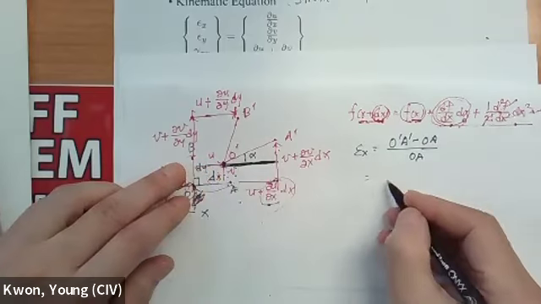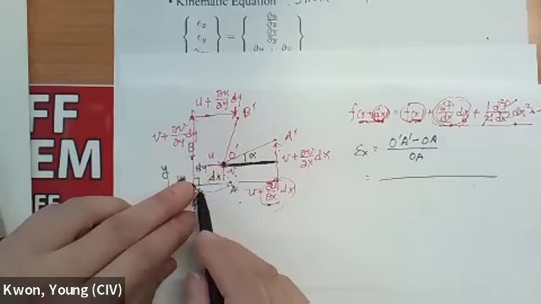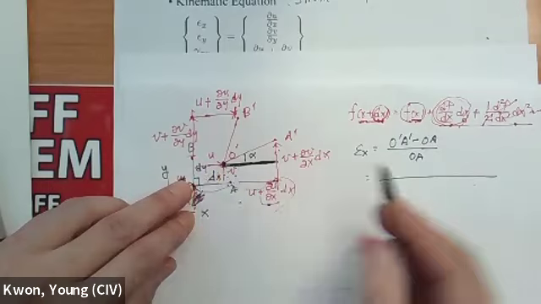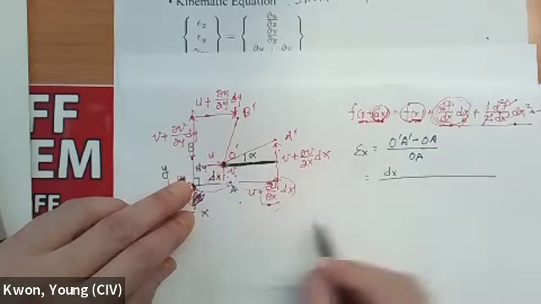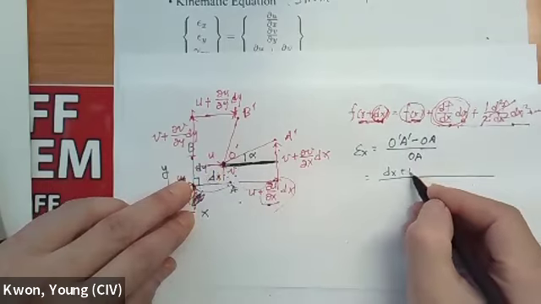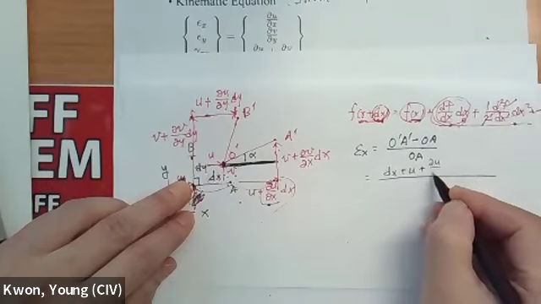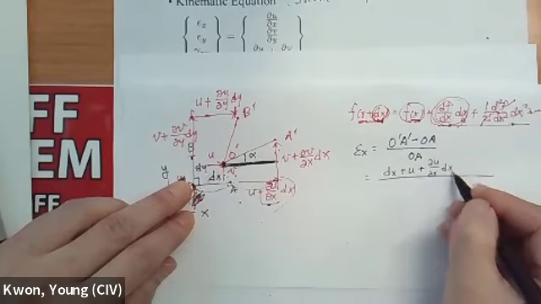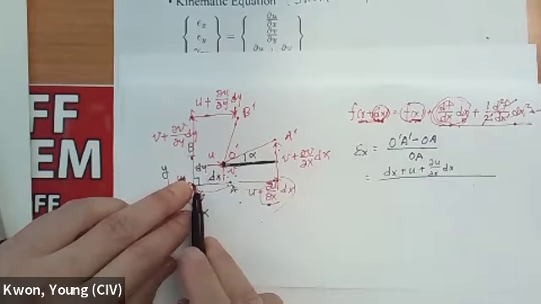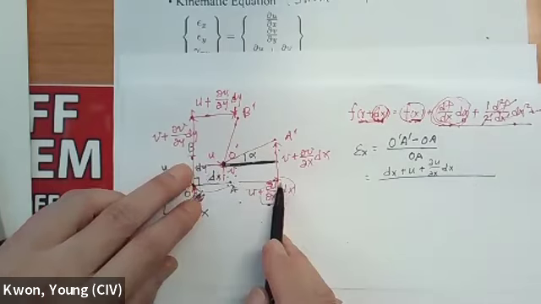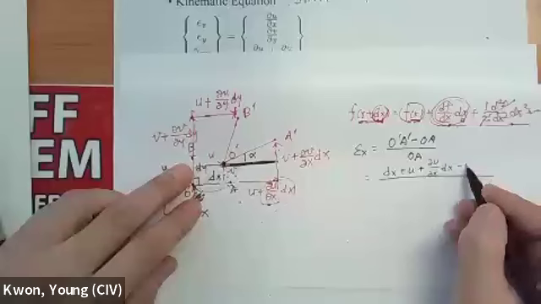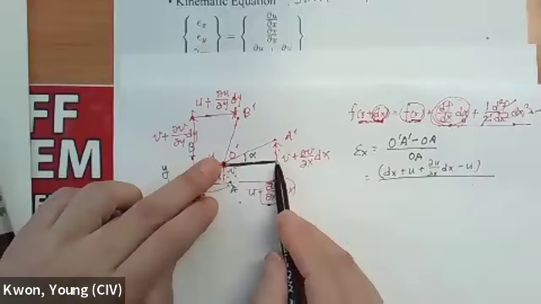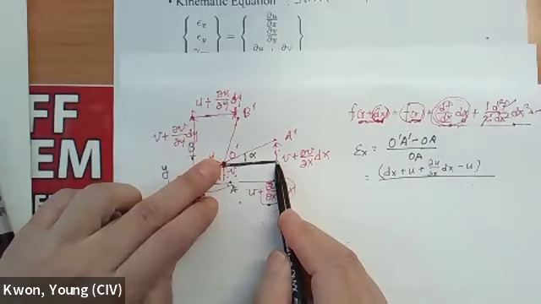So if you do that, from here to here is going to be dx plus u plus du/dx dx, right? That's from here to here, and minus u. So that's going to be this distance, correct? Do you follow me?